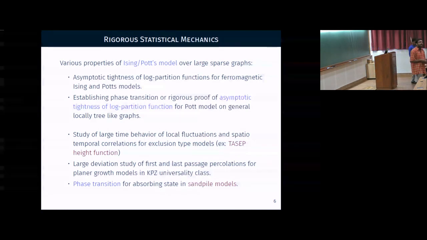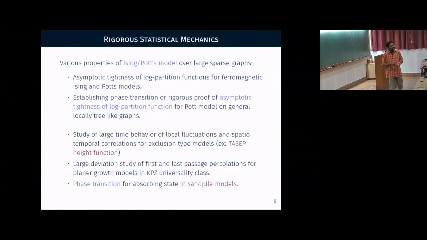The problems they handle try to show some kind of asymptotic results over the partition function, and in particular try to show tightness bounds over the log partition functions for the Ising model and similar kinds of problems. In general, if you just look at the 3 graph case, it's possible to come up with some very good results, but if you go slightly beyond 3s, these results become much more difficult.